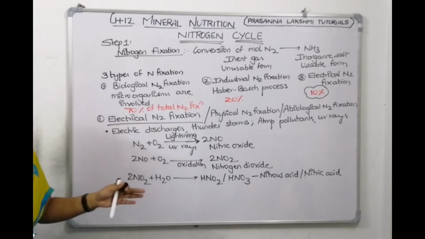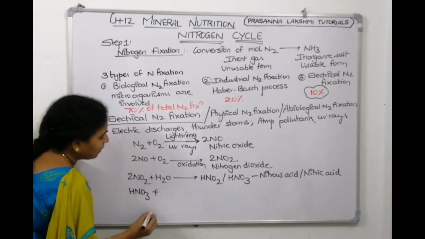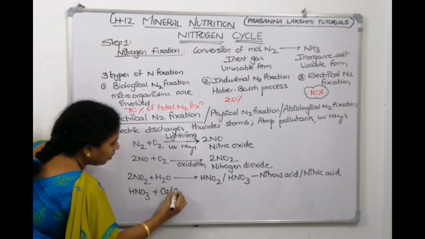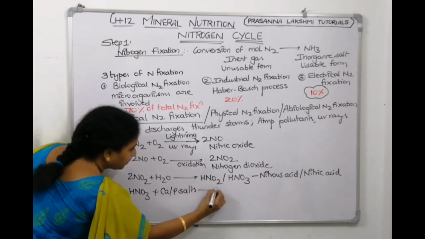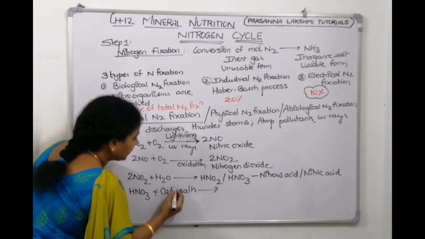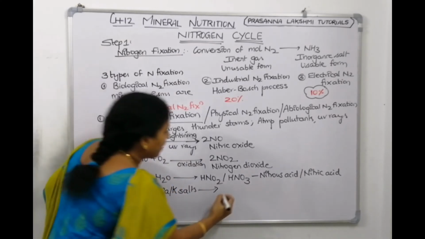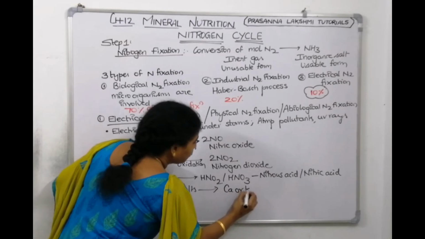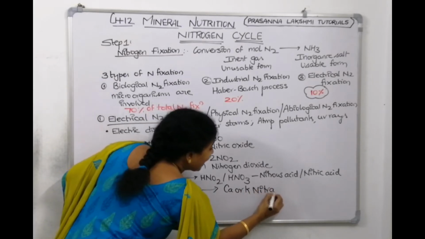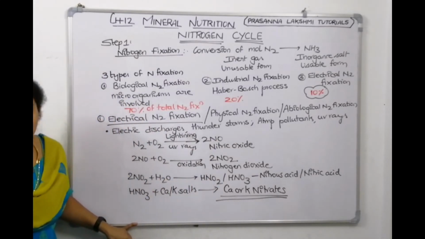So we can write HNO2 or HNO3. HNO3 combines with calcium or K plus salts. Then it makes calcium or potassium nitrates. Now nitrate is a form which will be there in the soil and plants can easily absorb it.